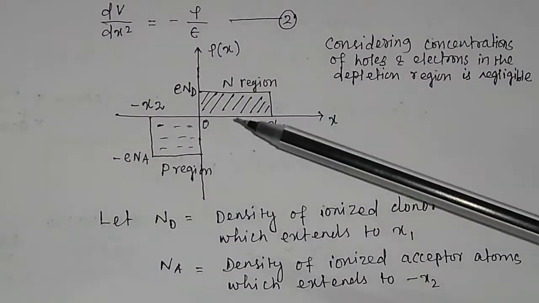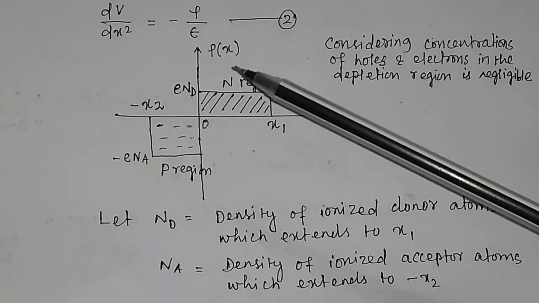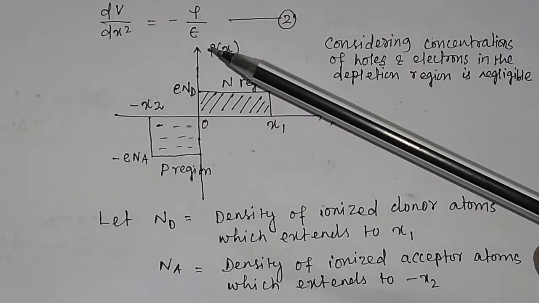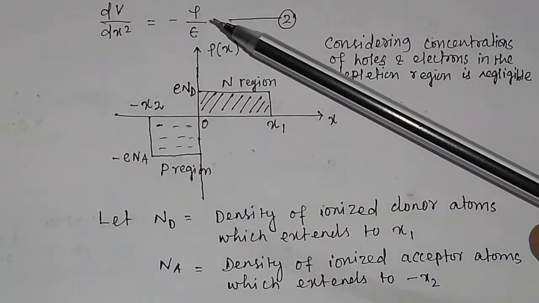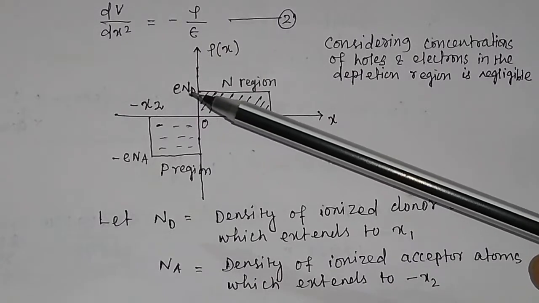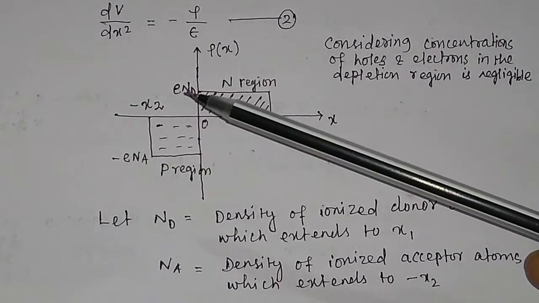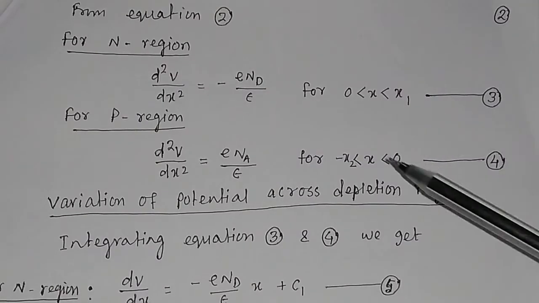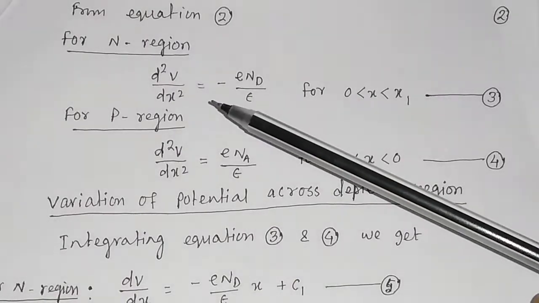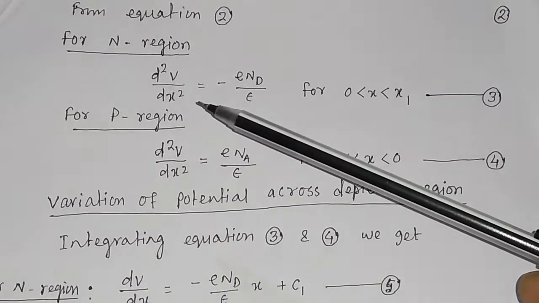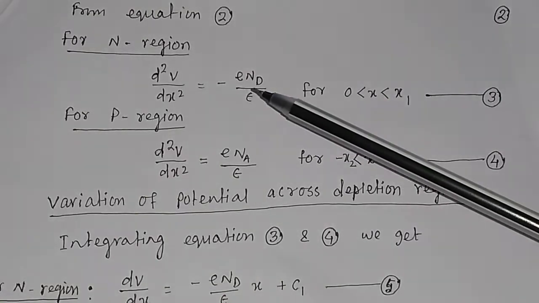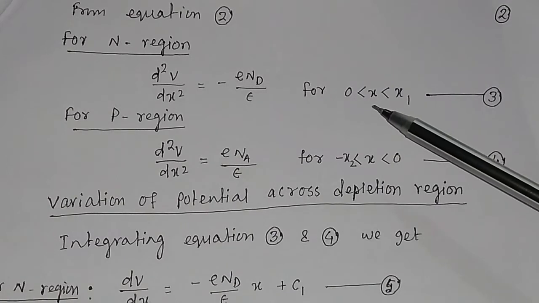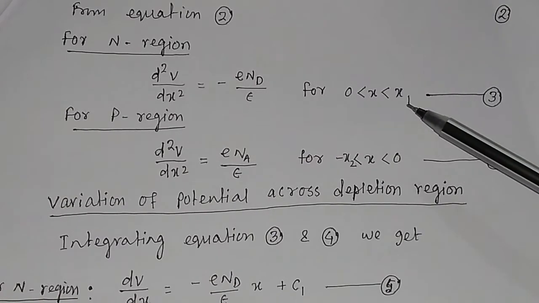So if you replace the volume density rho by e into Nd, that is the density of ionized donor atoms, in equation 2, then for the N region the equation will be the second derivative of potential with respect to x equal to minus e into Nd divided by epsilon, and here the value of x extends from 0 to x1.